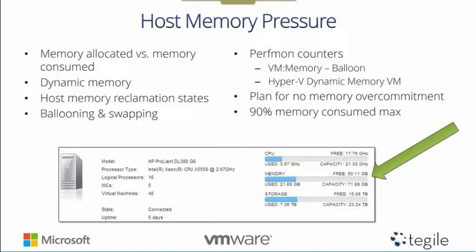On the flip side, Hyper-V doesn't let you overcommit memory, but it does have something called dynamic memory, where if I give a VM 10 gigs of RAM and I have dynamic memory enabled, and all of a sudden that VM thinks it needs 12 gigs of RAM, well, it can dynamically give that VM more temporarily. And that's all fine and dandy. But what if I've got an antivirus scan running that's going to consume gigs and gigs of RAM per VM?